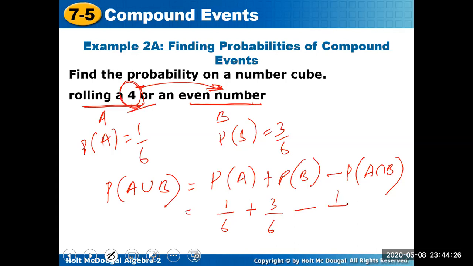A intersection B means 4 and even. How many cases do we have for this? Only one, the number 4. The number 4 is 4 and it is even, so 1 over 6. So the answer is 3 over 6, which is 1 over 2.